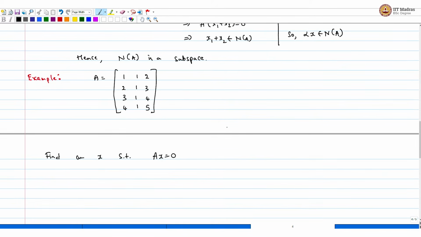That is equivalent to saying a linear combination of the columns of A should result in the 0 vector.